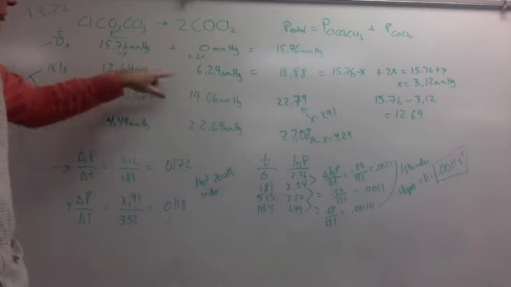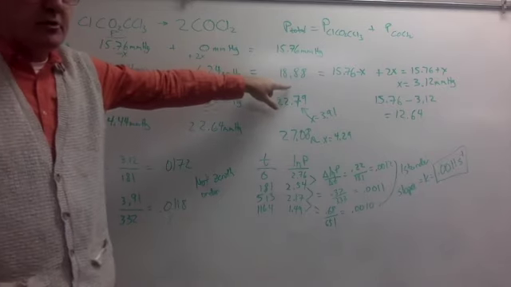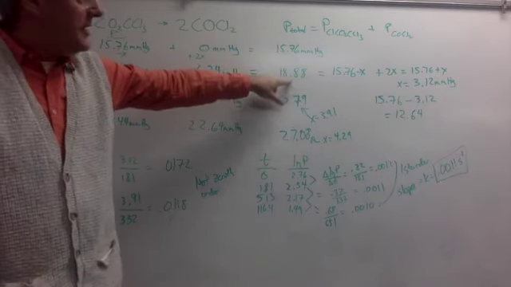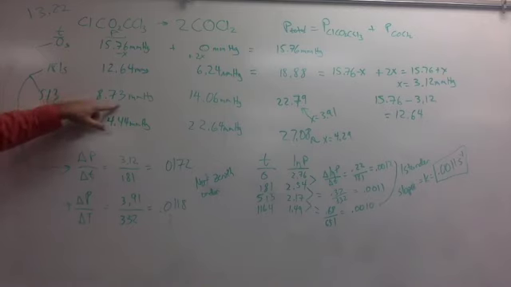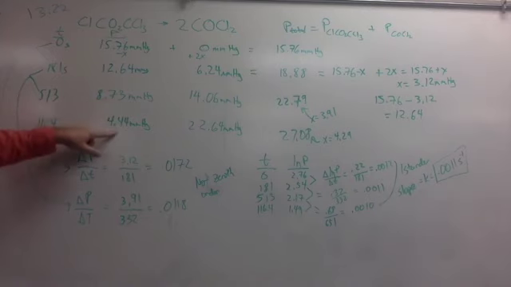And now if I add these two pressures together, I do get the pressure they give in the problem, 18.88 millimeters of mercury. So then repeating that math for the third and fourth time that was given, we end up getting 8.73 millimeters of mercury left over for the reactant at 513 seconds and 4.44 millimeters of mercury left over at 1164 seconds.